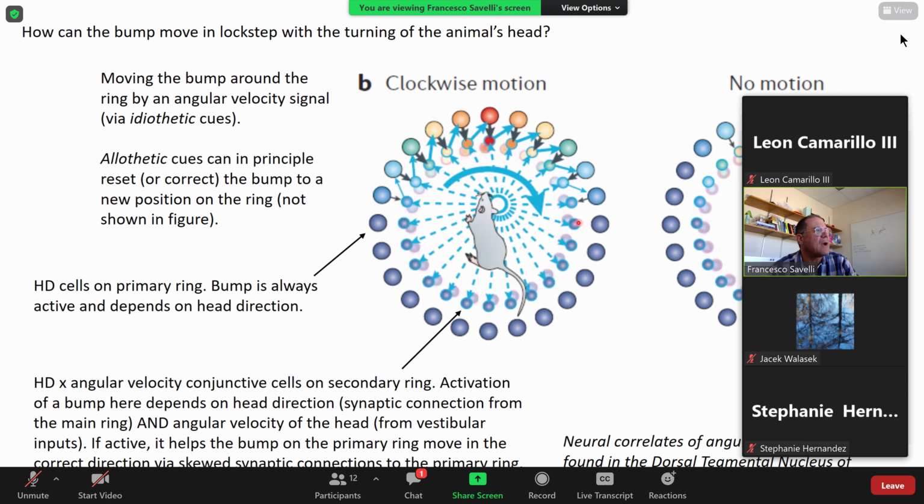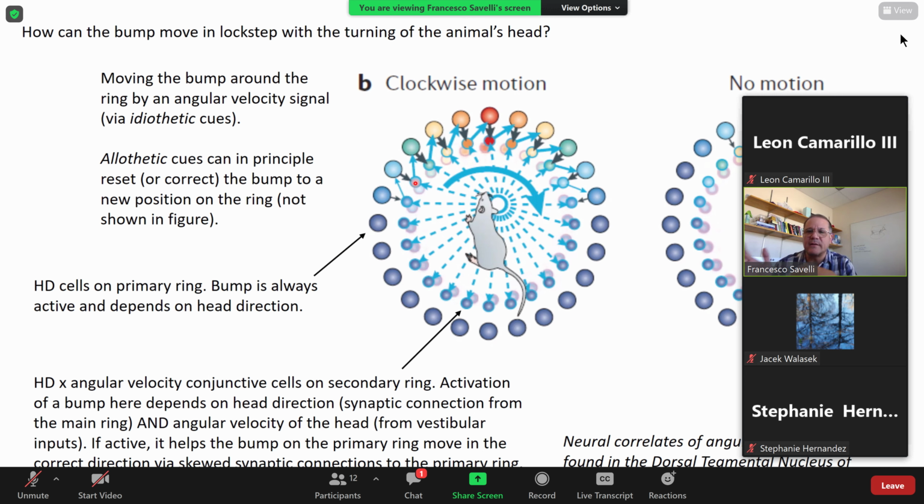You would have to have at least two other rings of neurons, in which the neurons on this second ring, let's take this for example, are not only sensitive to the direction of the animal's head, but also to angular velocity.